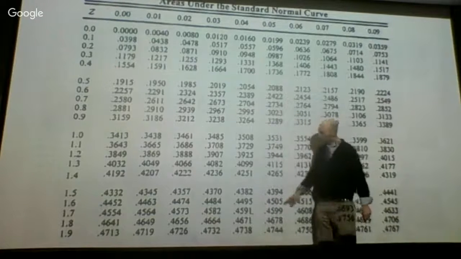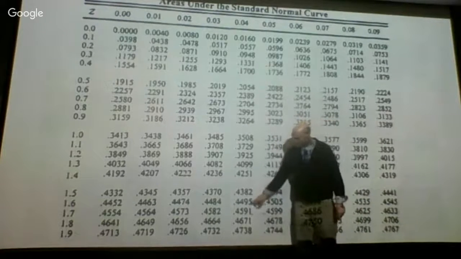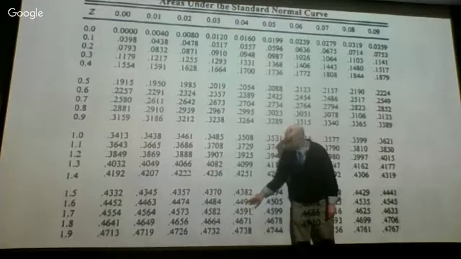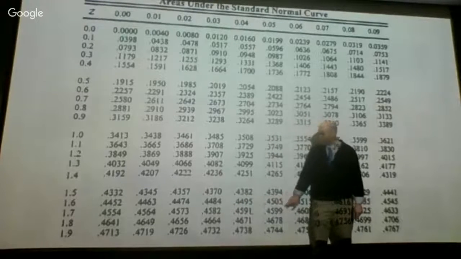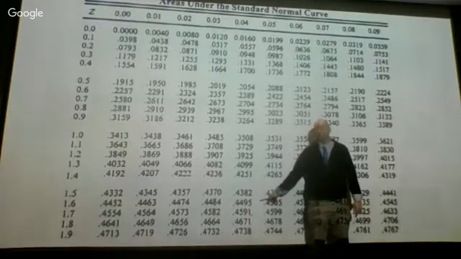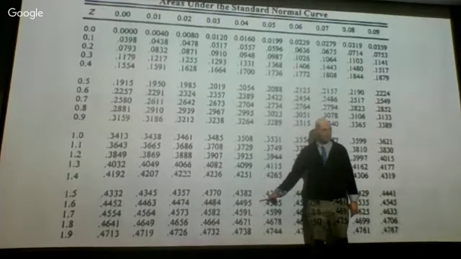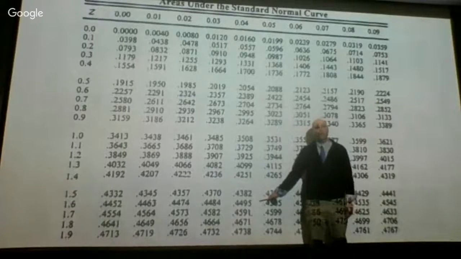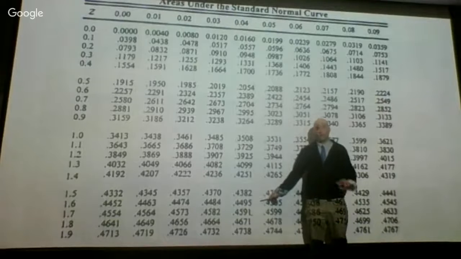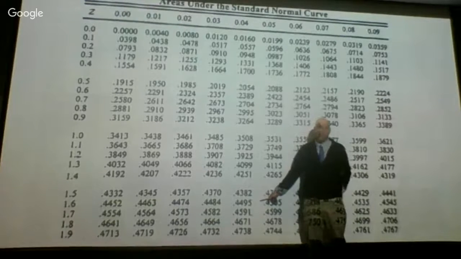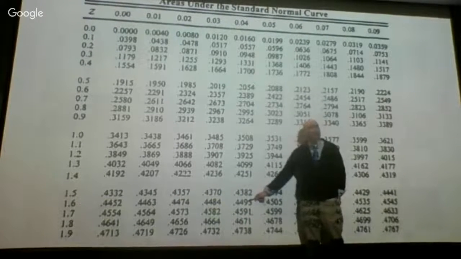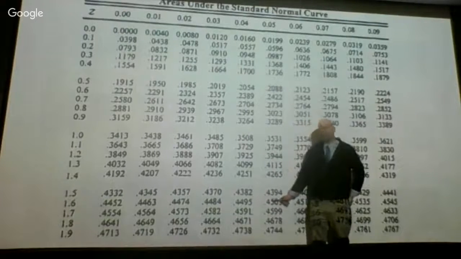Right here. Somewhere between 0.4495 and 0.4505 is where 0.4500 would land. Given that we're using the table, you can use either one of those values to answer this question. The best answer here would be to use whatever Z-score is between the Z-score that generates this and the Z-score that generates this.